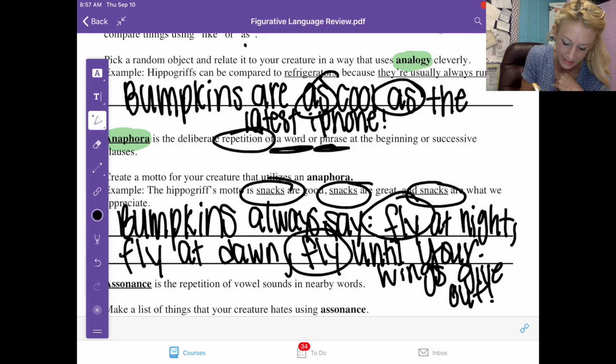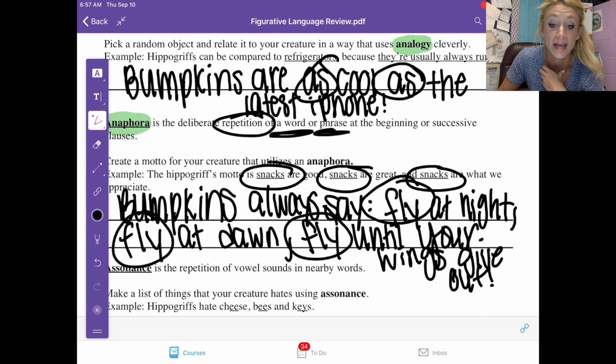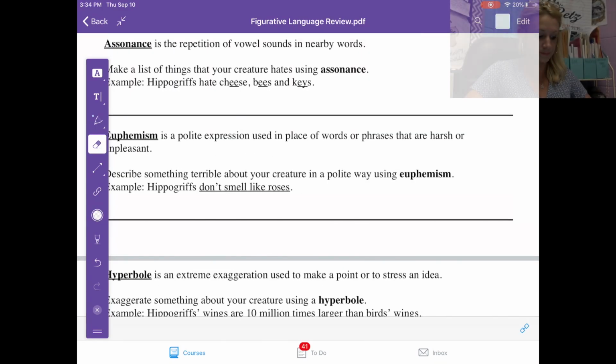Fly, fly, fly. This is an anaphora. I have repetition here.